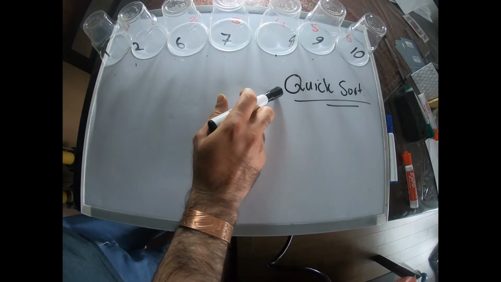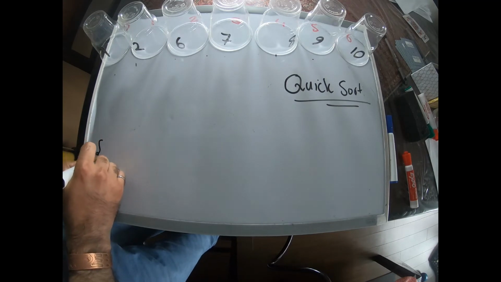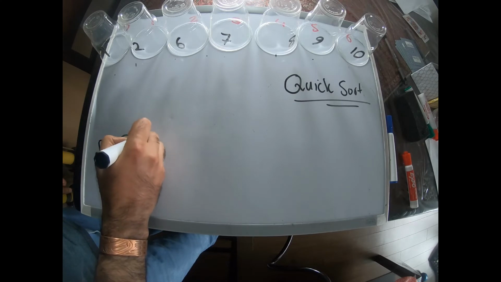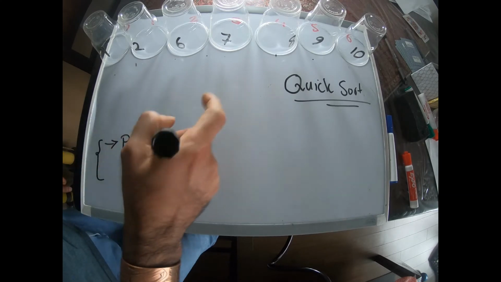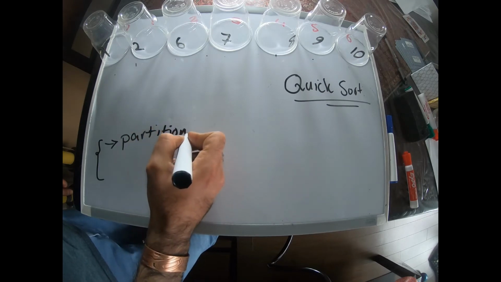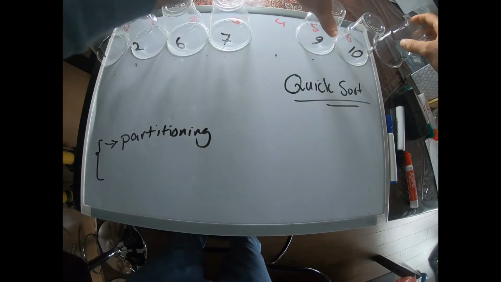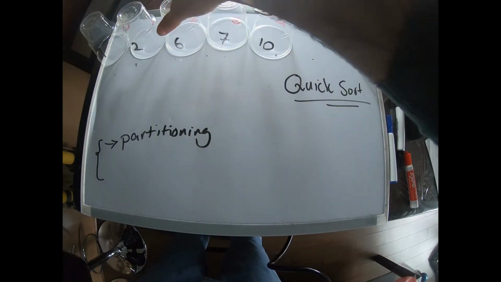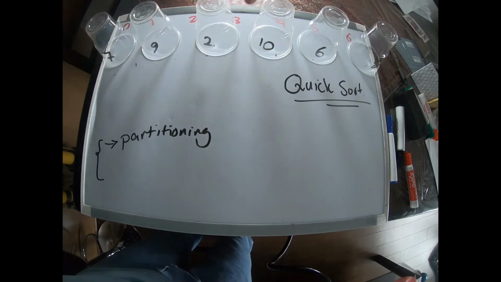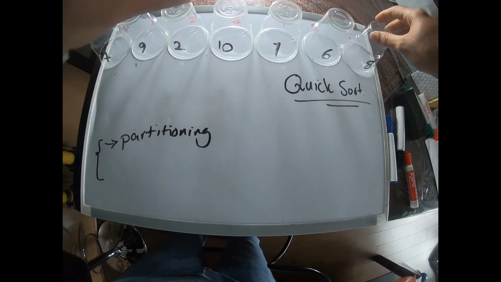The quick sort algorithm is also a divide and conquer algorithm. The first function that you have to know about in quick sort is partitioning. Let me move these so that this one goes here, this one goes here.